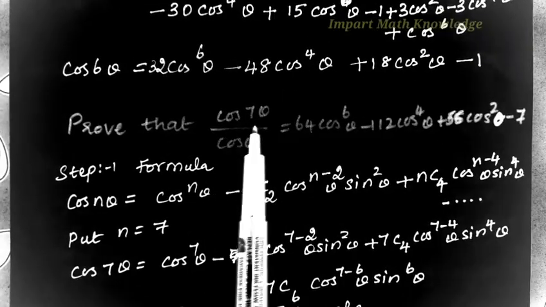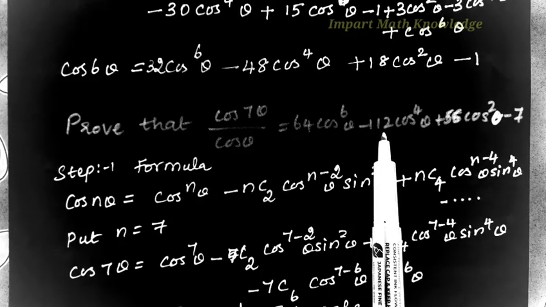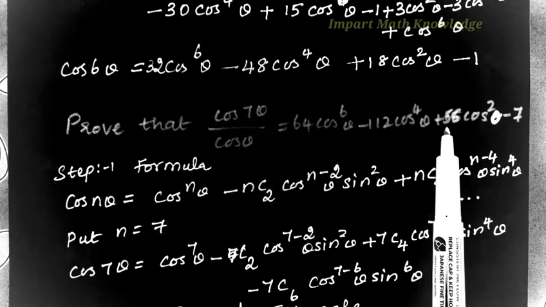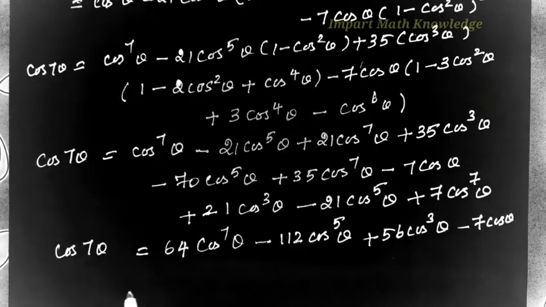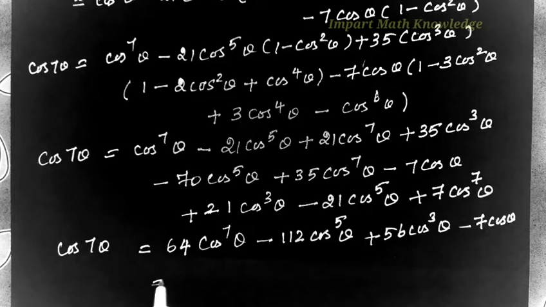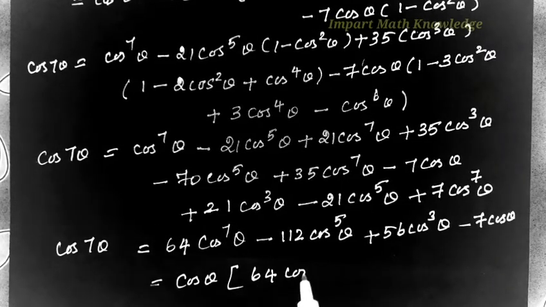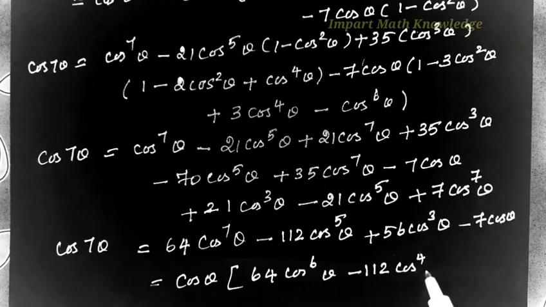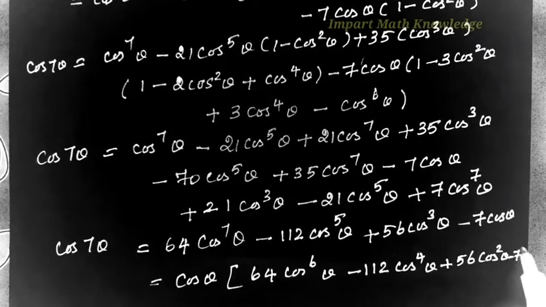We want to prove that cos 7 theta by cos theta is 64 cos power 6 theta minus 112 cos power 4 theta plus 56 cos square theta minus 7. So take one cos theta outside, that is cos theta 64 cos power 6 theta minus 112 cos power 4 theta plus 56 cos square theta minus 7.